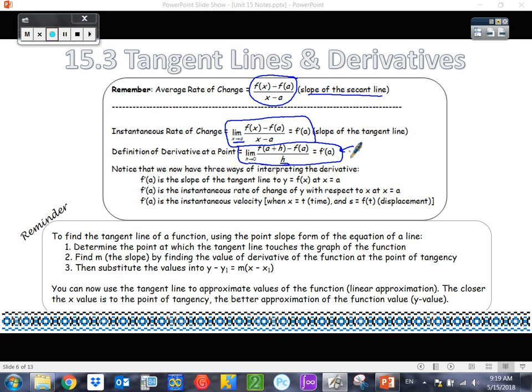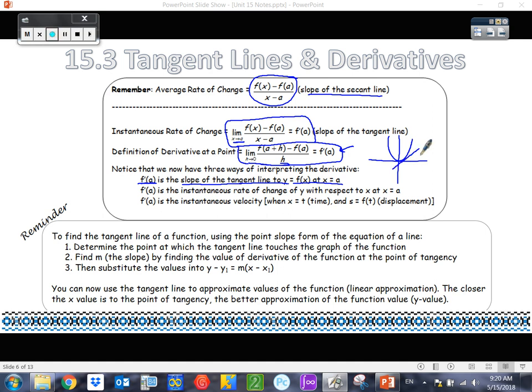There are several things that we use the derivative for. One that we'll be using today is f prime of a, say f prime of 2. What's the derivative value at 2? It's the slope of the tangent line to the function at 2. For example, if we had a parabola, let's look at the parent parabola, and say I wanted to find the equation of the tangent line at, say, 1.